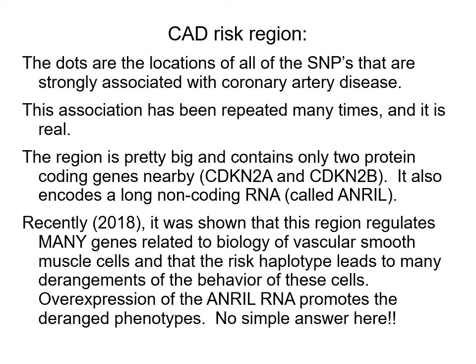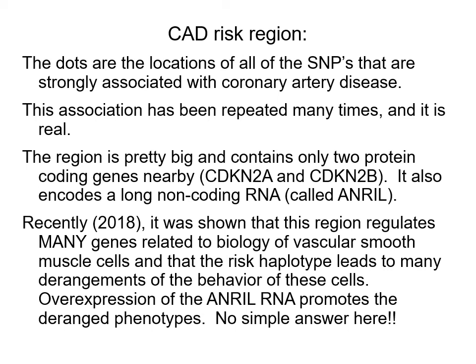And it turns out that this long non-coding RNA is actually regulating many, many genes involved in vascular smooth muscle cells. And that this is a real correlation because these vascular smooth muscle cells are key in the development of coronary artery disease.